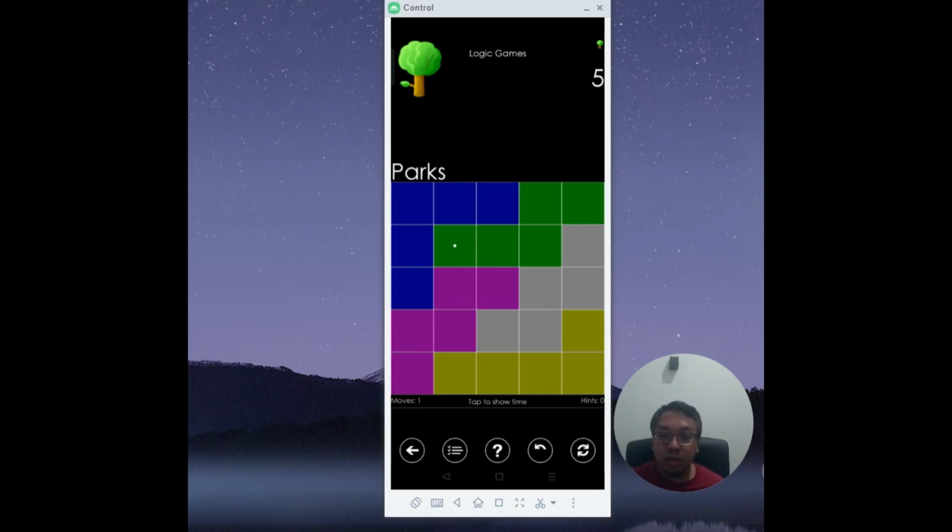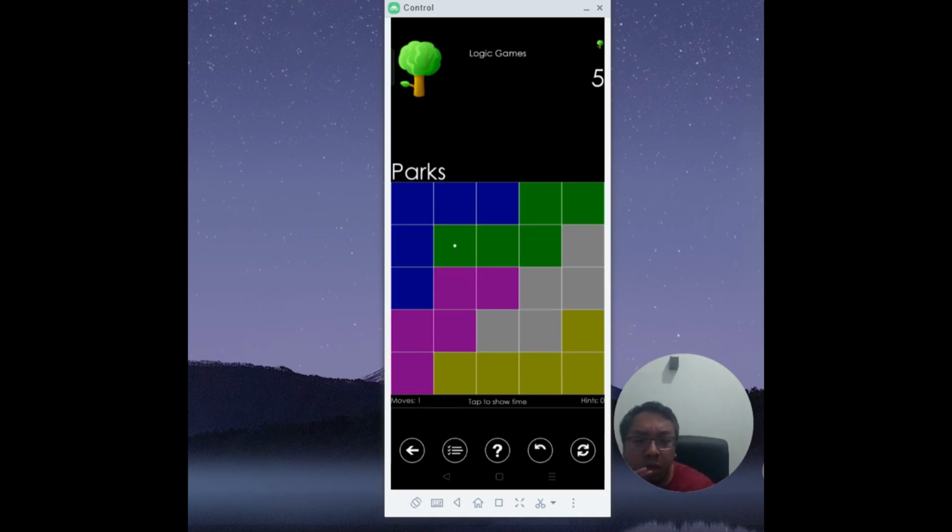What else? Okay, it is getting much more difficult. Let's see. Okay, it's not an easy deduction, but I can see.